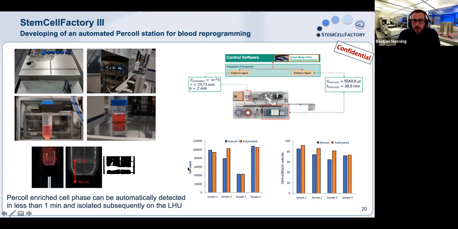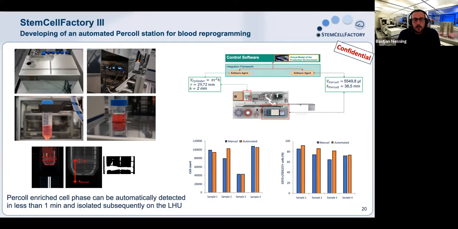As you can see, in some cases we even get more cells than in the manual process, in some cases not. So I think we are quite equal to the manual process. But what you could see, as we did the FACS analysis of the cells, is that in the automated way the markers were more positive than in the manual way. So the automated way was quite a bit better than the manual way.